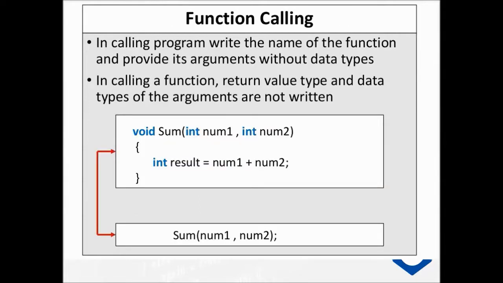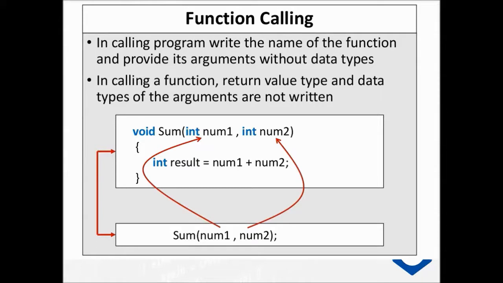In calling programs, write the name of the function and provide its arguments without data types. In calling a function, the return value type and data type of the arguments are not written. So these are the arguments.